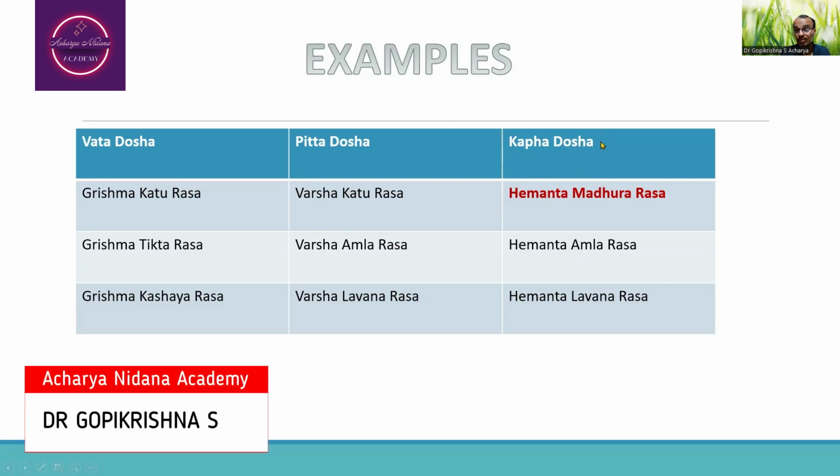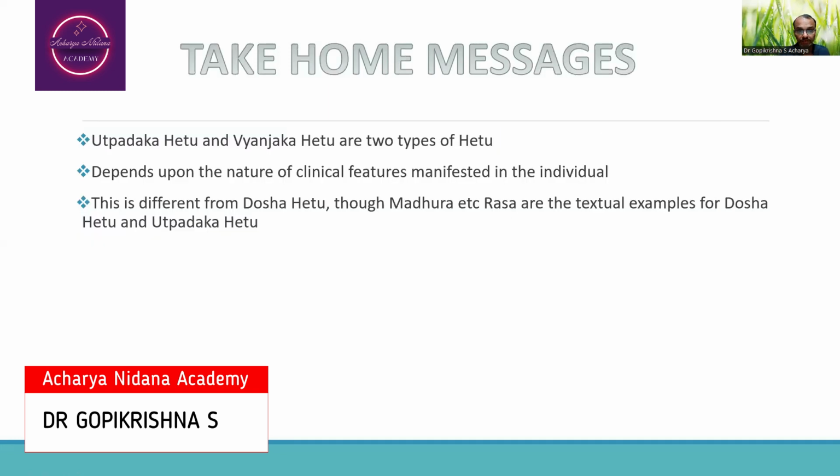As far as Kapha Dosha is concerned, Hemanta Rutuja Madhura Rasa, Hemantaja Amla Rasa or Hemantaja Lavana Rasa may be considered as examples for Utpadaka Hetu.